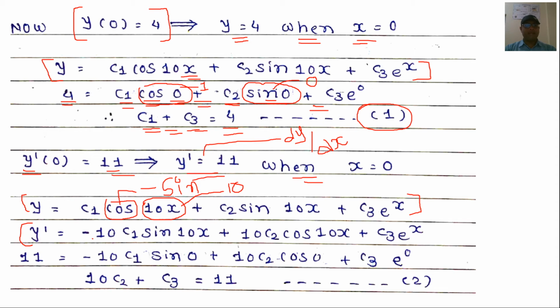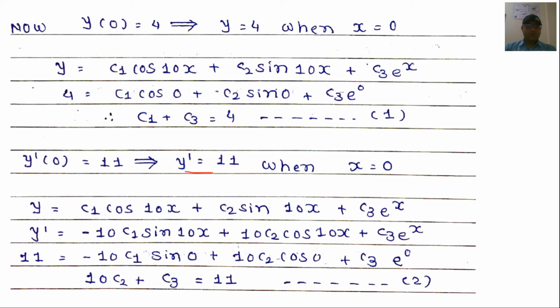So finally you will get minus 10 c1 sin 10x plus, the differentiation of sin 10x is 10 c2 cos 10x, plus c3 times the differentiation of e raised to x, which is e raised to x. Now put y dash is equal to 11: 11 is equal to minus 10 c1 sin 0 plus 10 c2 cos 0 plus c3 e raised to 0.